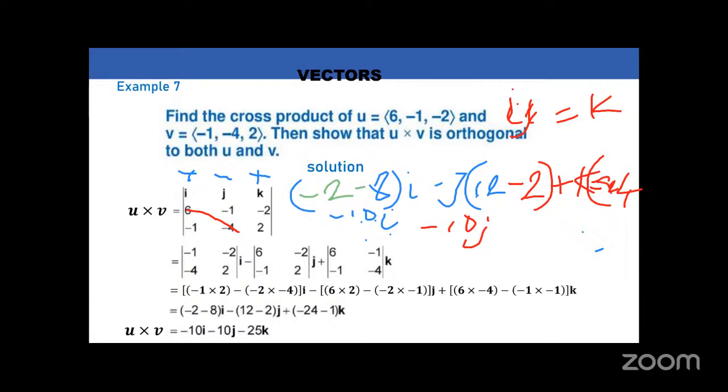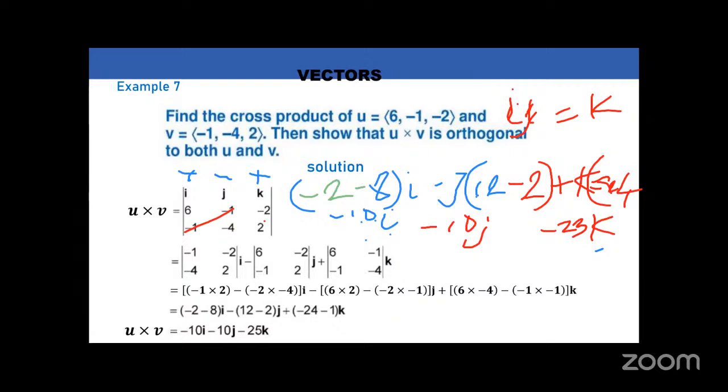And then the next diagonal is minus 1 and minus 1. Minus 1 times minus 1 is plus 1. So K will be minus 24 plus 1. That is minus 23 K.